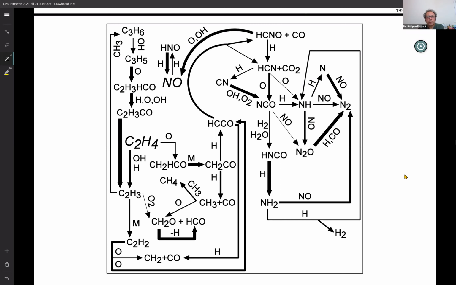We ran the experiments, simulated them with a detailed kinetic reaction mechanism, and used it to interpret the results.